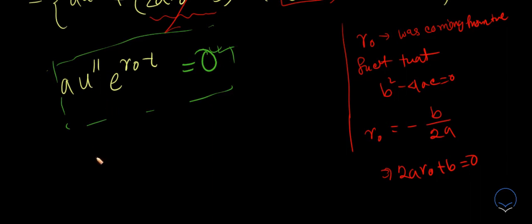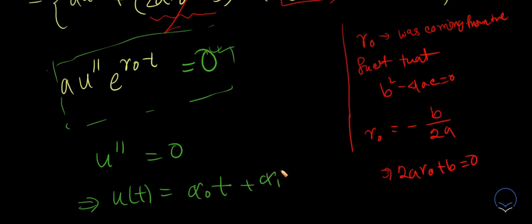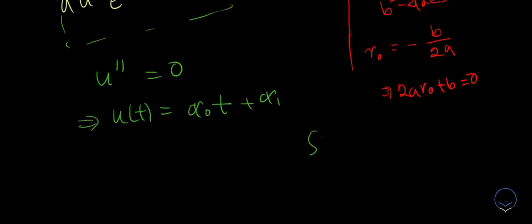So we are saying that u double prime is 0. That means the most general form of u of t will be alpha 0 t plus alpha 1, where alpha 0 and alpha 1 are arbitrary constants.